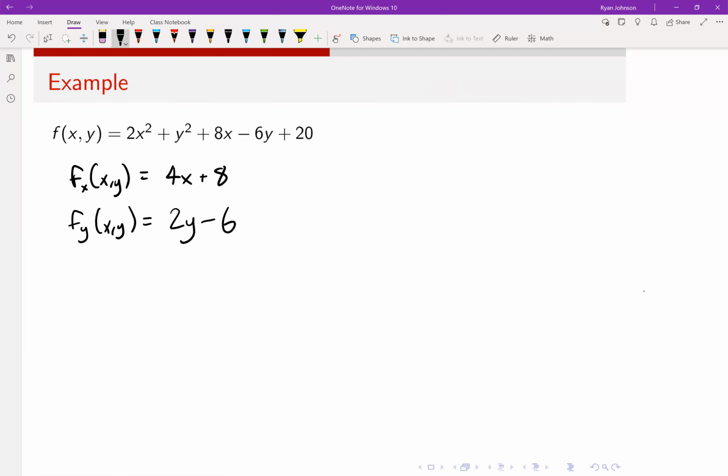Are there any places where those are undefined? No, those are defined everywhere. So there are no undefined critical points, but there are some 0 critical points. If I set them both equal to 0, then I get that x equals -2 and y equals 3. So the point (-2, 3) is my one and only critical point.